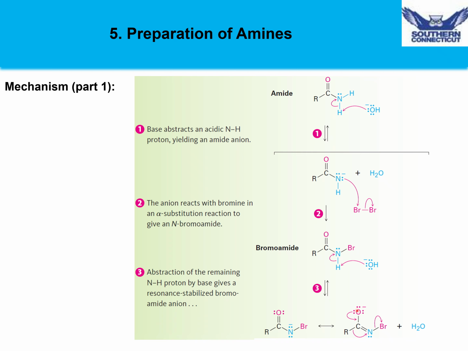That oxygen can now reform the carbonyl by pushing the alkyl group to the nitrogen and eliminating the leaving group on the nitrogen. As a result, we're basically doing a 1,2 alkyl shift that is being forced by reforming the carbonyl and eliminating the leaving group.